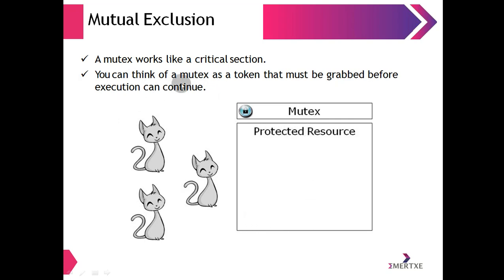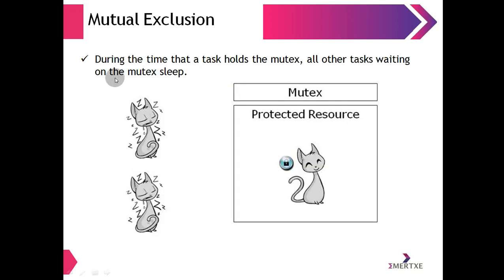Before the execution, the token must be grabbed by one of the tasks. During the time that a task holds the mutex, all other tasks waiting on the mutex sleep. They don't get the mutex token, so they are in sleep mode.